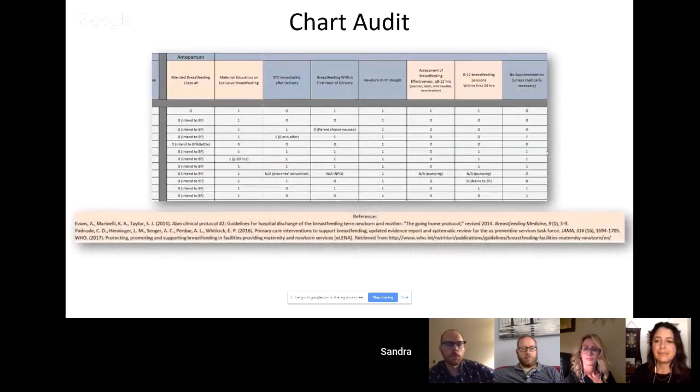Here's a snapshot of data I have thus far gathered, and some of the gaps highlighted are noted in attending antepartum breastfeeding classes. There's a huge fallout, and this can help increase breastfeeding rates.